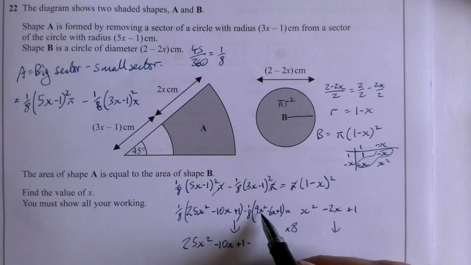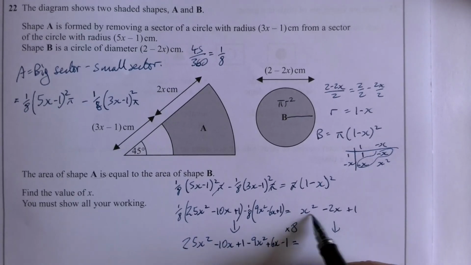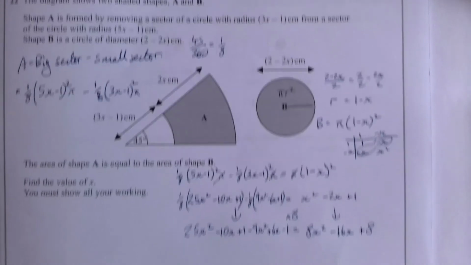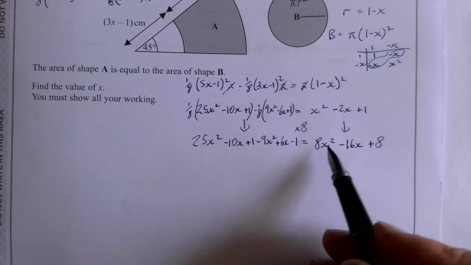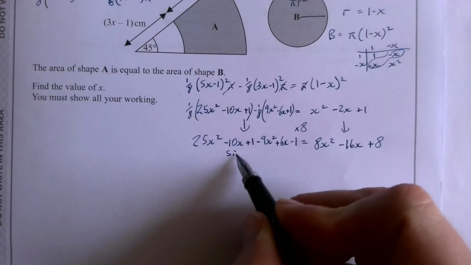Now that's going to have a slightly weird effect. That's going to be taking away 9x squared, but when I take negative 6x, that's going to add 6x, and it's going to take the 1 there. And then all of this times by 8, so 8x squared take 16x plus 8. Now what I've got is a very big quadratic equation. I just need to make the whole thing equal to 0, so gather everything over to one side. But before I do, let's just simplify this bit first of all.